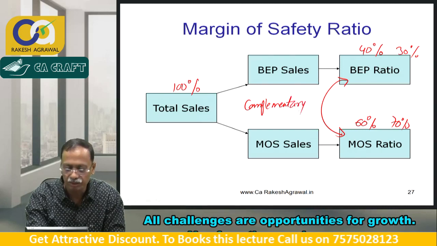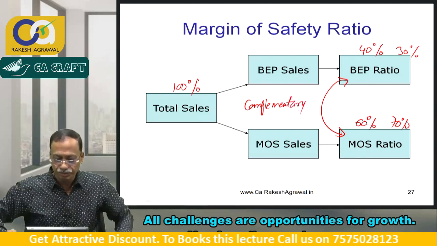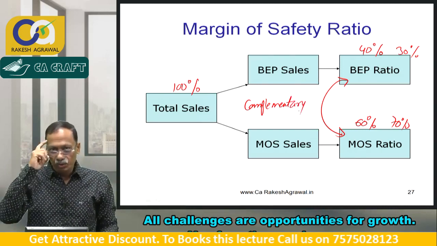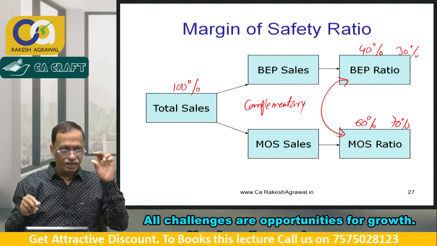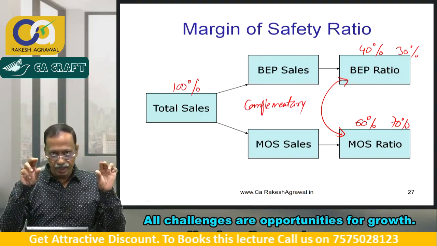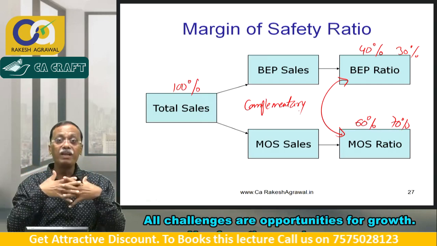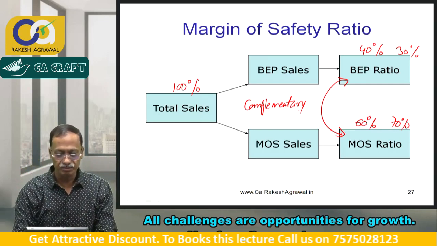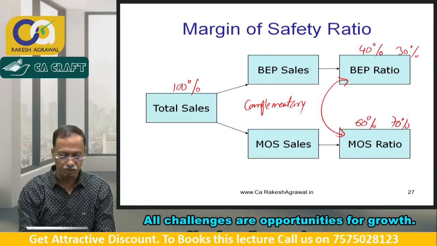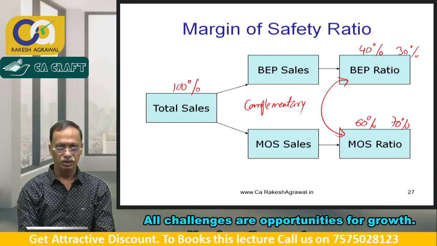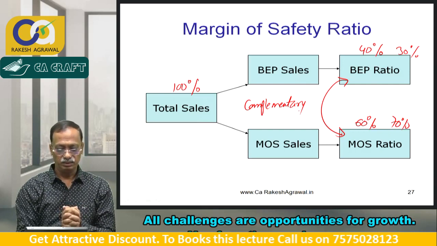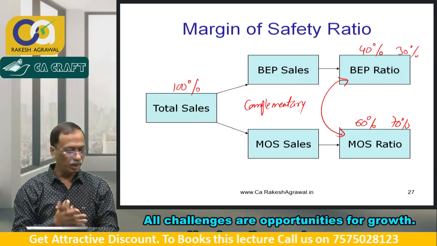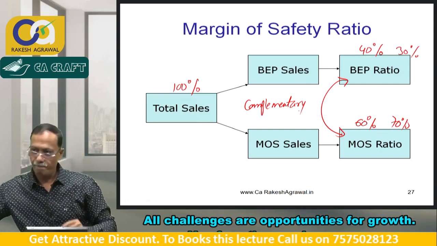If you want, you may write down whatever you want. Actually, I want you to note an observation that BEP ratio and MOS ratio are complementary to each other. This is what you have to note somewhere. If you want, you can write it down in your notebook.